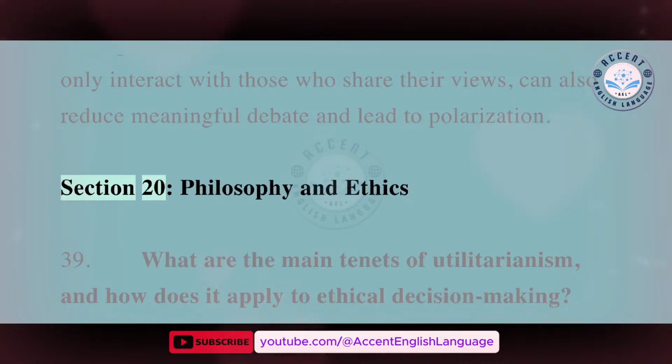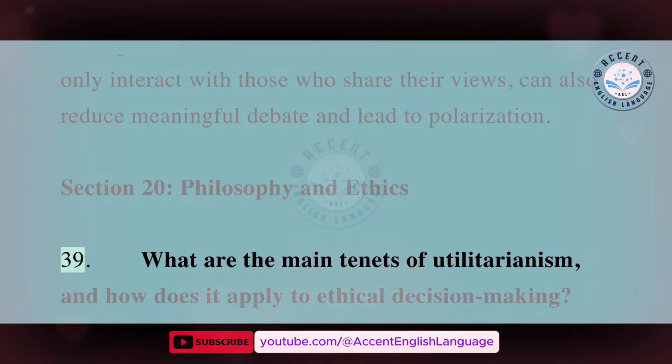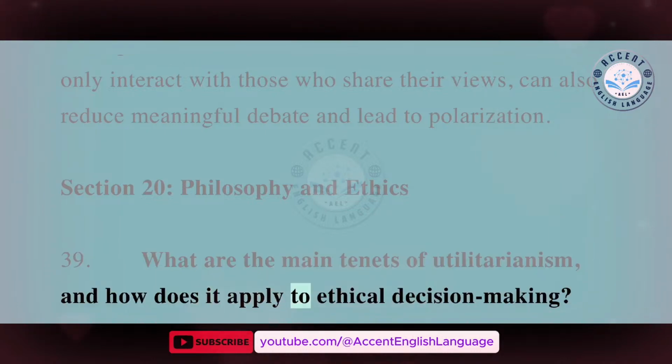Section 20. Philosophy and Ethics. 39. What are the main tenets of utilitarianism, and how does it apply to ethical decision-making?